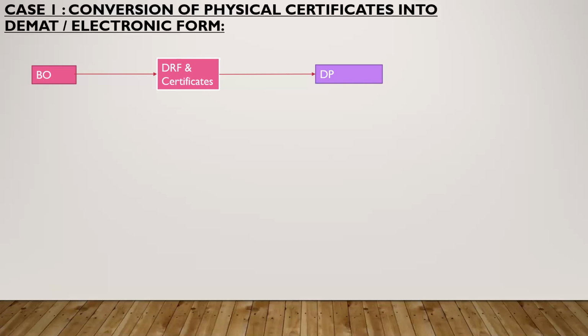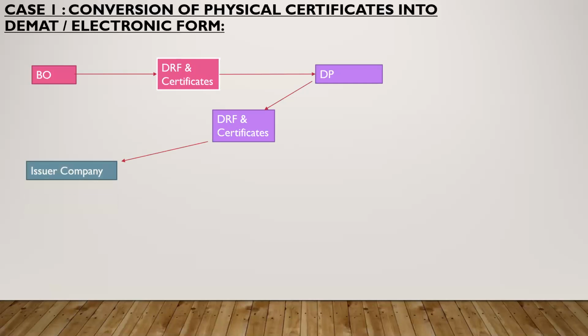So he will go to the depository participant. You remember class, we had taken the example of Zerodha. So any person who is working as a DP, you have to approach that particular person. So what will happen is DP will register all the information electronically, and at the same time he will pass on the certificates and the DRF form to the issuer company.